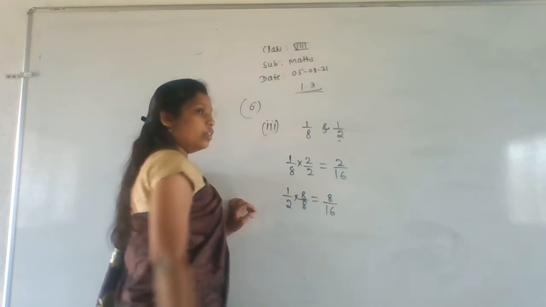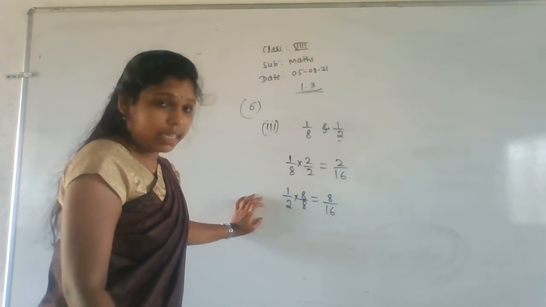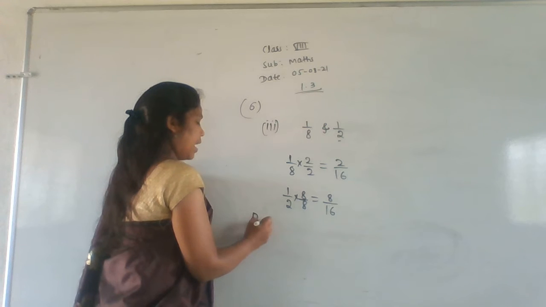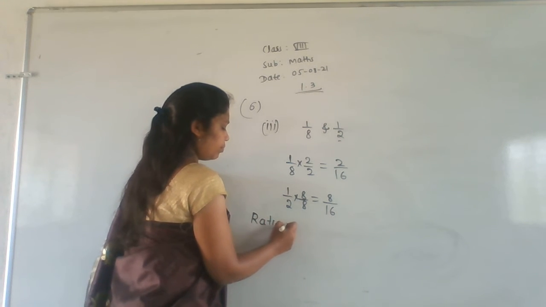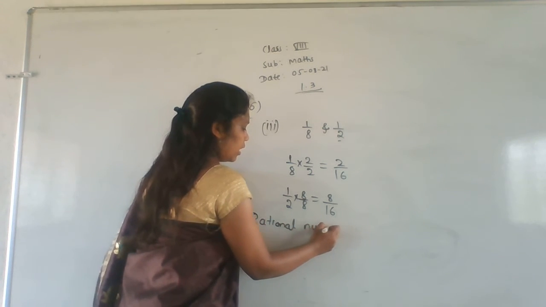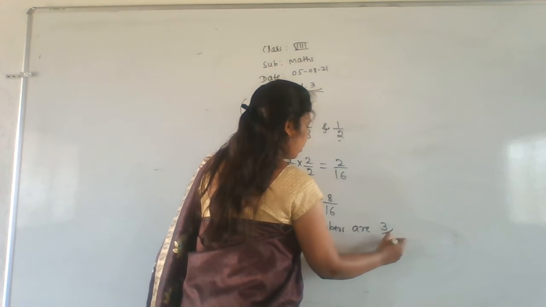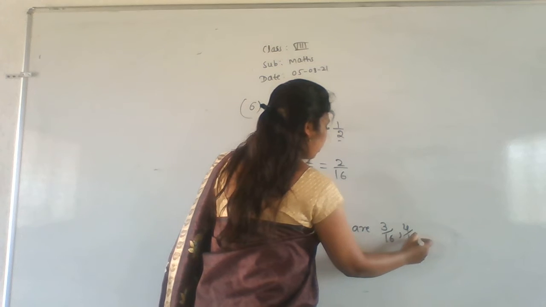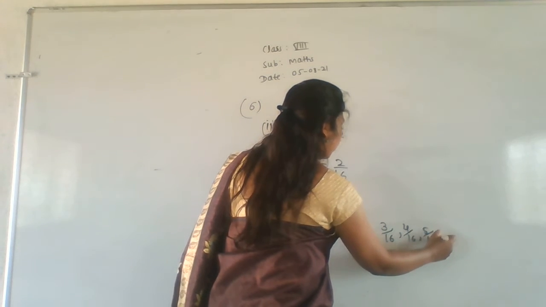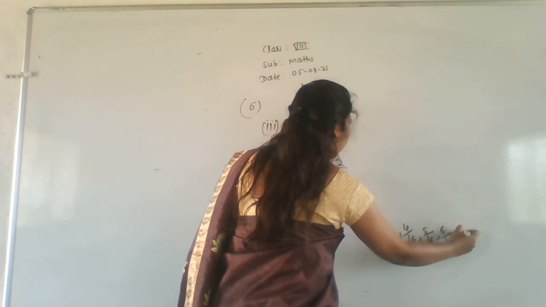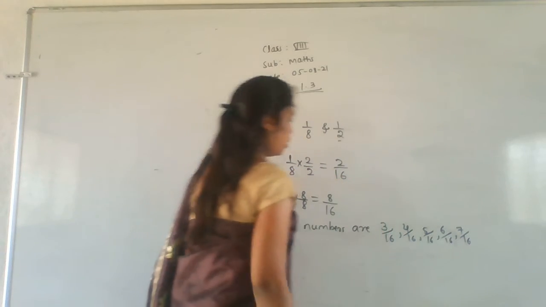2 to 8, there are 5 numbers? Yes. Now write the rational numbers. Rational numbers are 3 by 16, 4 by 16, 5 by 16, 6 by 16, 7 by 16. Okay.